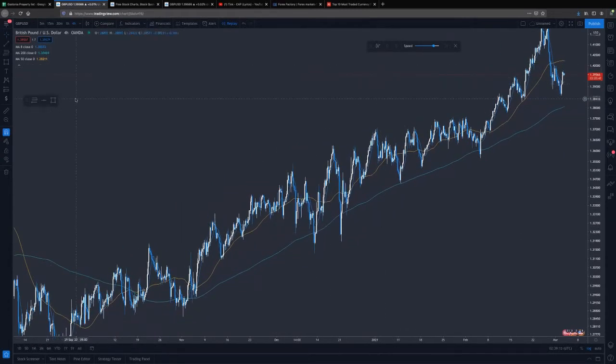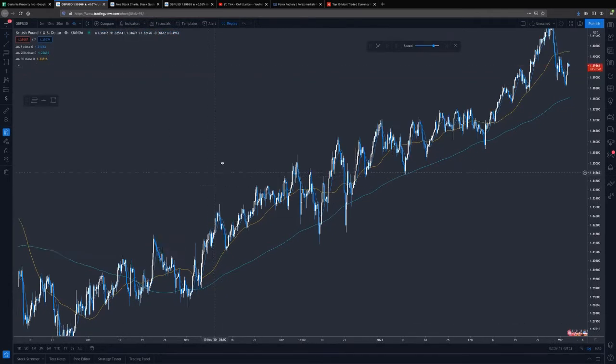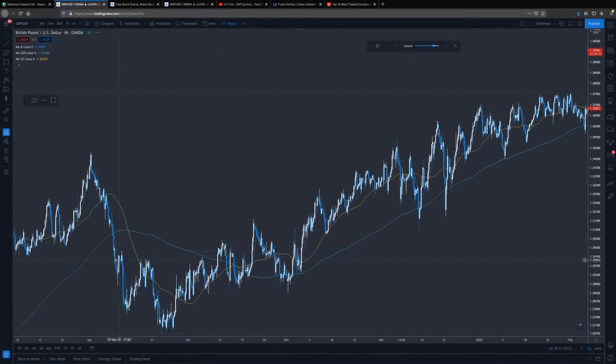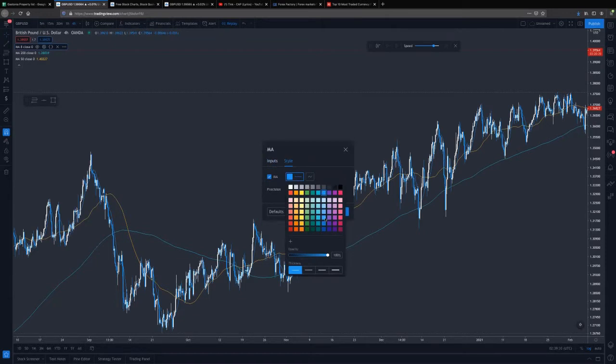The moving averages that I use as of right now, just to give you a brief overview: moving averages are these lines right here. This gold line, this turquoise line, and this dark blue line. I'm going to change that dark blue line to a more vibrant color.